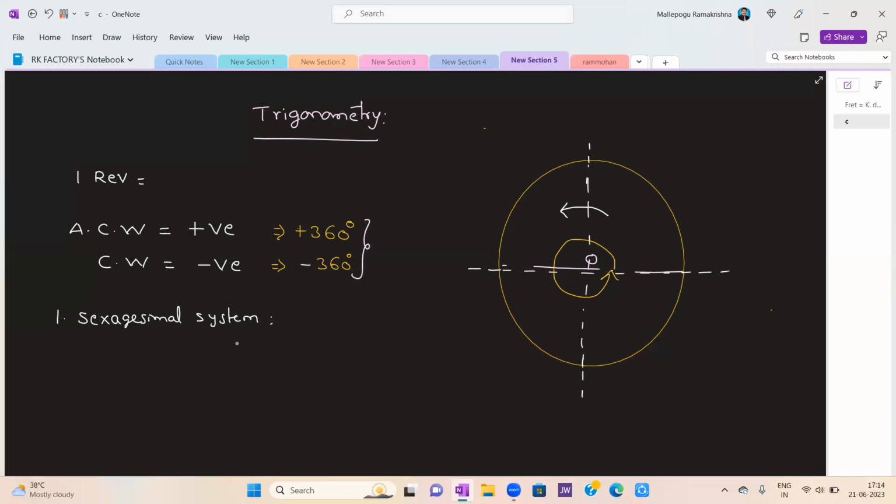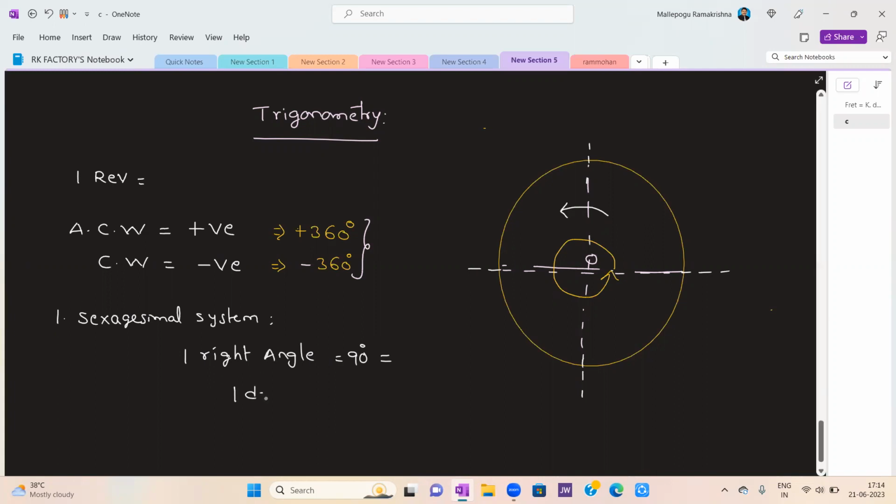For example, one right angle means 90 degrees. And at the same time, what is the meaning of 1 degree? It is going to be 60 minutes.